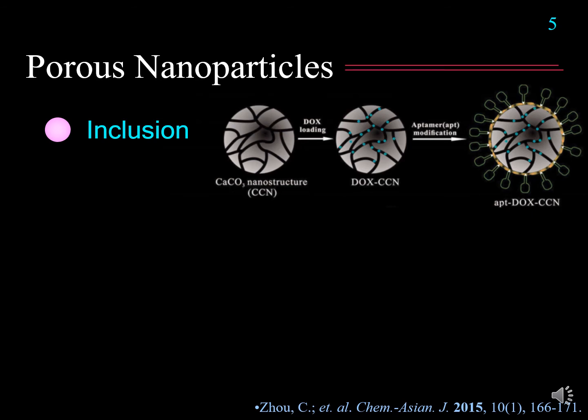With the porosity, we can just put the nanoparticles into the solution of the drugs, and the drug molecules can get into the porous nanoparticles very easily. Apart from that, we can afterwards surface modify them with receptors to give them selectivity properties.